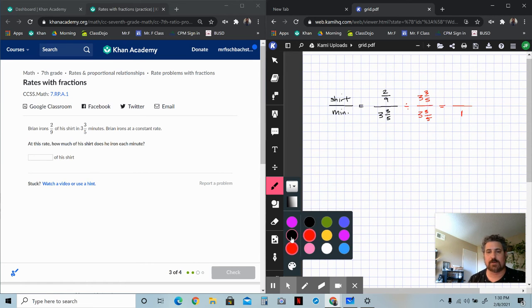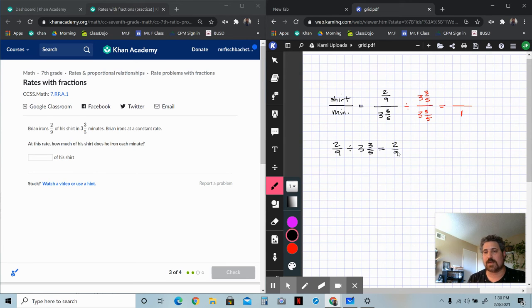So mathematically, what are we going to do here for the dividing? We're going to do 2/9 divided by 3 3/5. The first step is to change the mixed number into a top-heavy fraction. So 3 times 5 is 15, plus 3 is 18, so 18/5. Now you're going to look to see if you can rewrite this as a multiplication to do it easier.